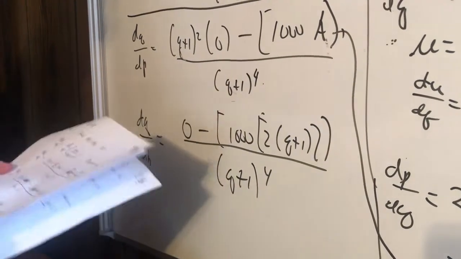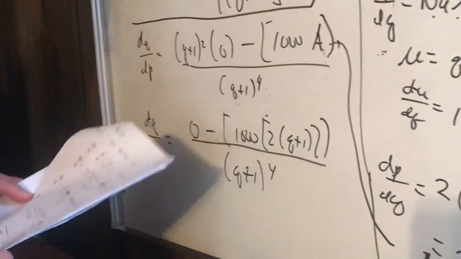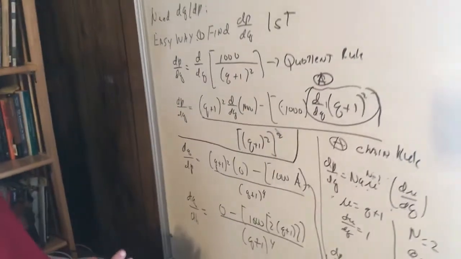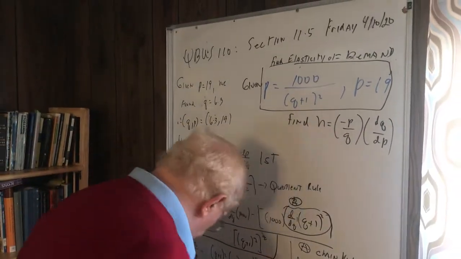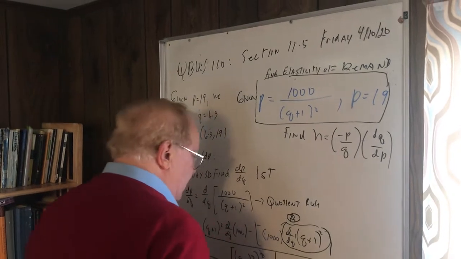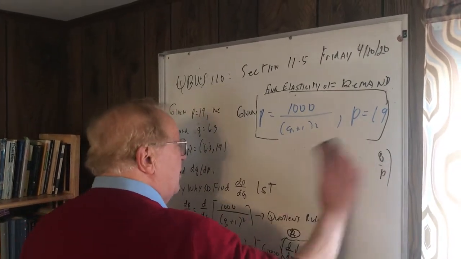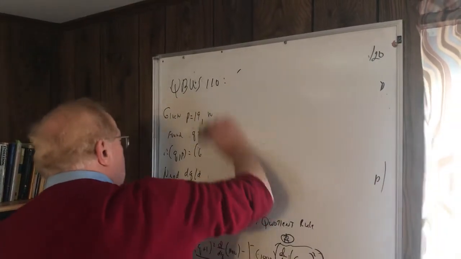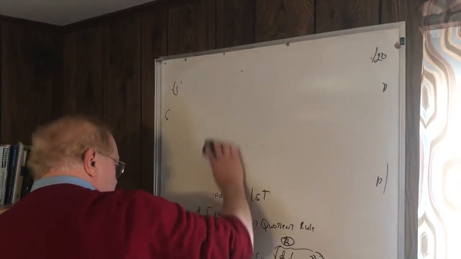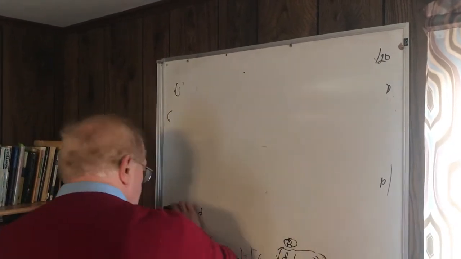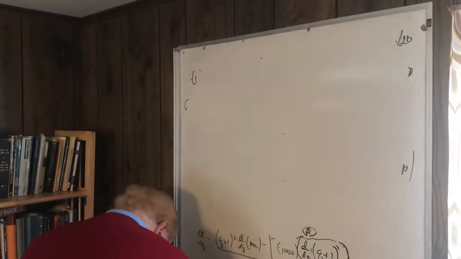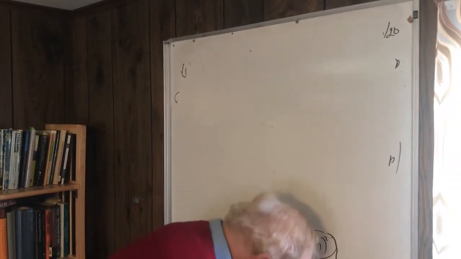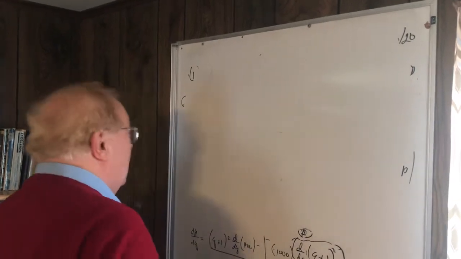Let me check out what I had before. Let's simplify this just a little bit. First I'll have to erase. So let me erase up to here at least. Okay, we'll leave that on in case you haven't gotten it yet.